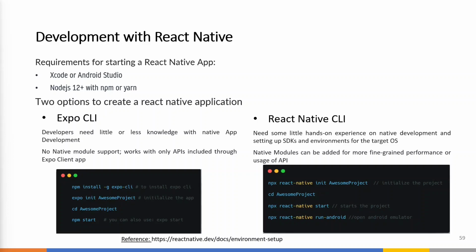The difference between the two is that the React Native CLI supports native code along with JavaScript, and the Expo CLI only supports the API that comes with it, and no native modules can be added to it later on. The images below show how to quickly start your first React Native project in both CLIs.